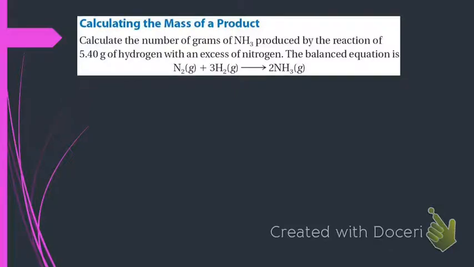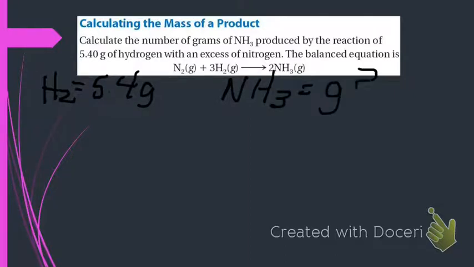When I start out these problems, I always write out what I'm looking for and what I have. We know that we have hydrogen, we have 5.4 grams, and I need to solve for my grams of ammonia, and I put a question mark by that.